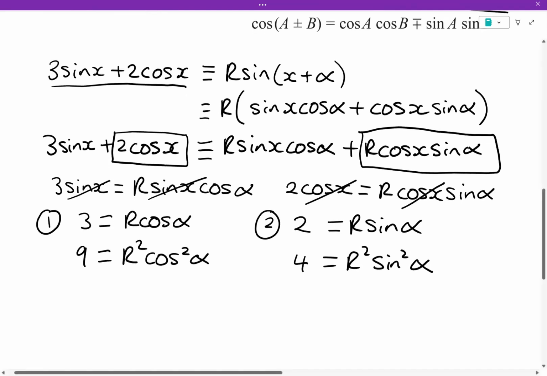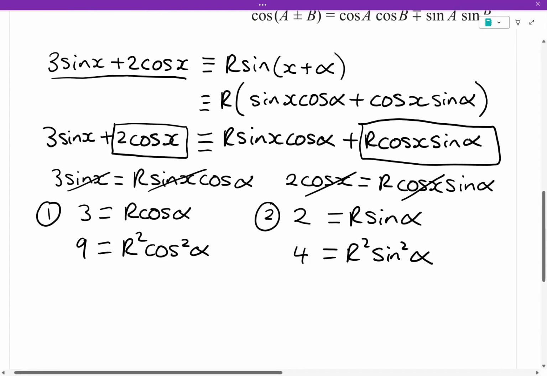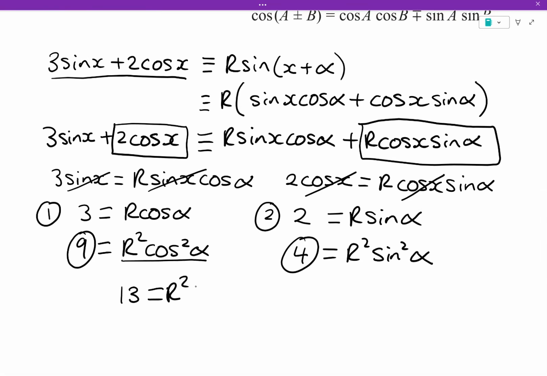Now what I'm going to do next is add my 2 equations together. So I'm going to have 9 plus 4, which gives me 13, is equal to r squared cos squared alpha plus r squared sine squared alpha.